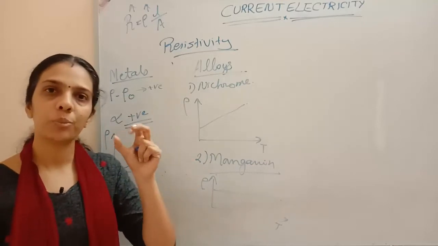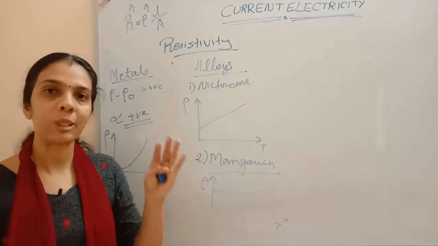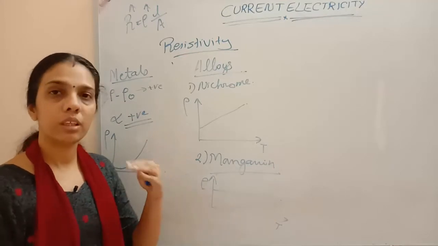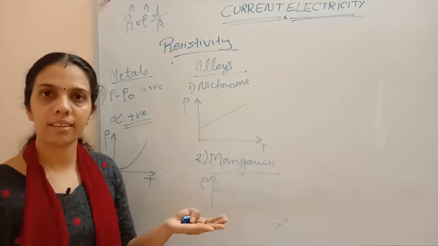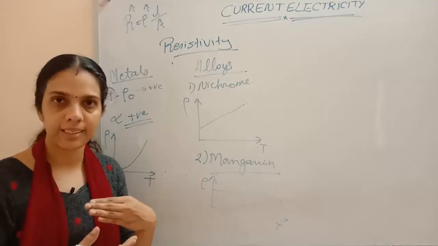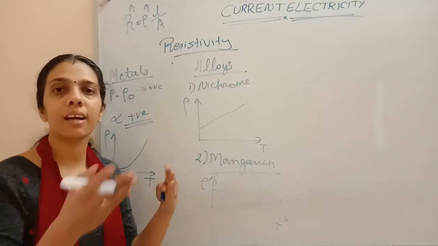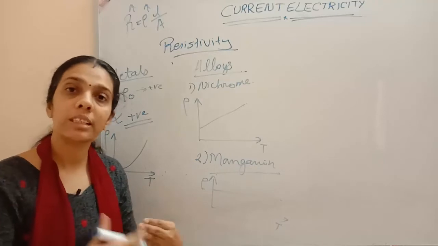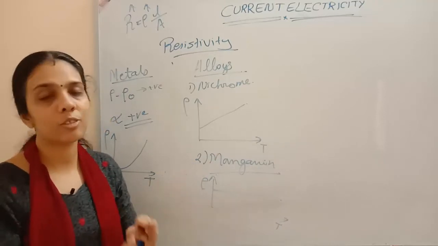Resistor means we use it to give a particular resistance, right? If we are giving current for a longer time, temperature may increase. If temperature is increasing, the resistivity increases, which means the resistance will be changing.